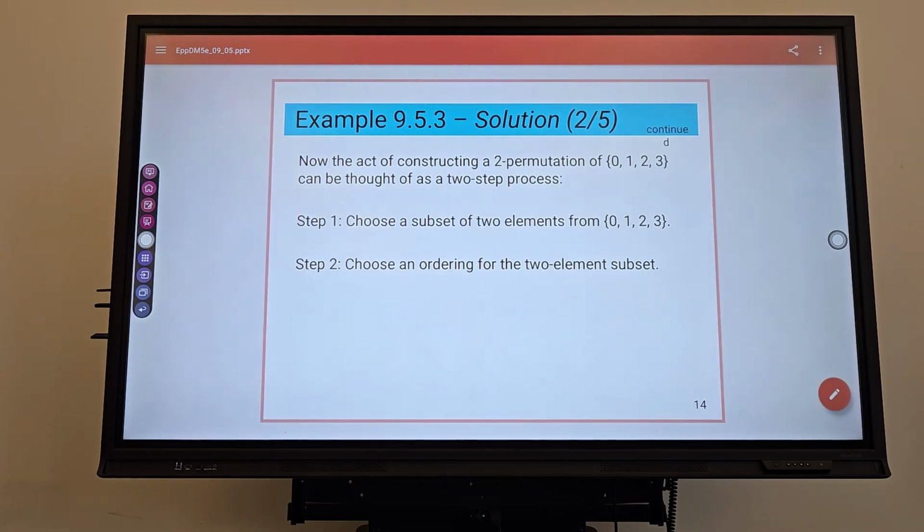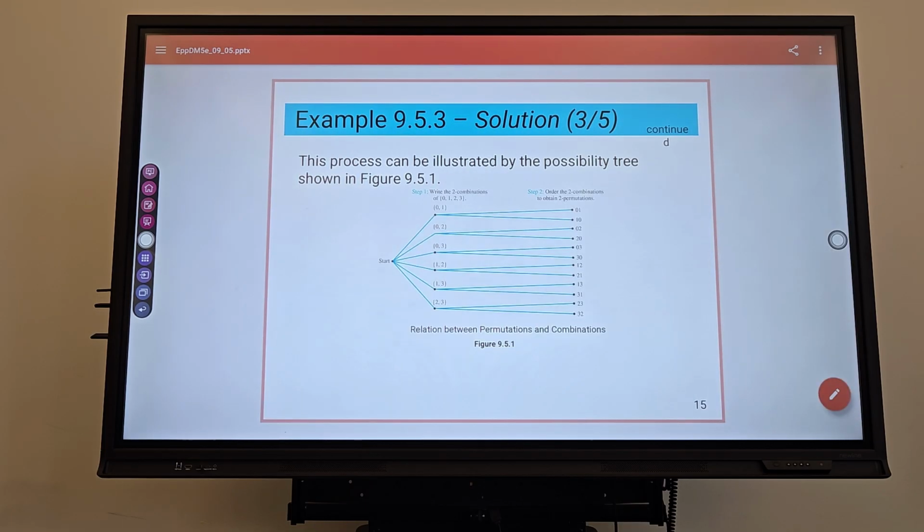Now the act of constructing a 2-permutation can be thought of as a two-step process. Choose a subset of two elements from the set and choose an ordering for the two-element subset. This process can be illustrated by the possibility tree shown here, where you have 12 permutations and 6 combinations.